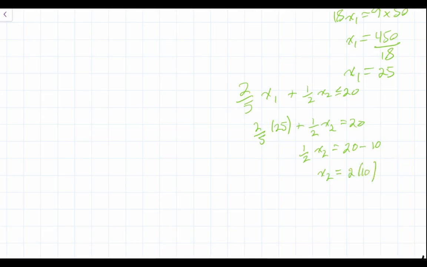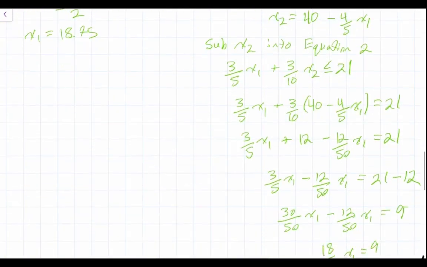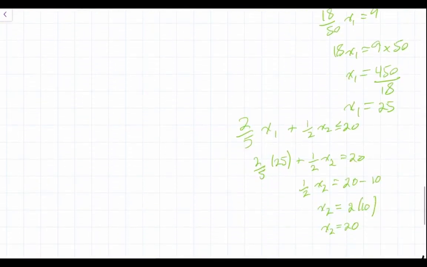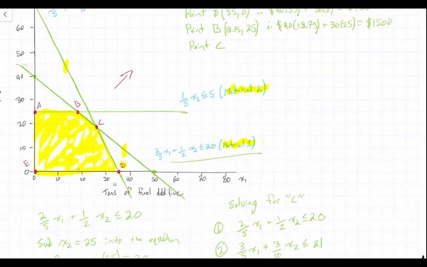So x2 is equal to 20. So now we have our x1 and x2 coordinates of point C. So we had x1 is equal to 25, x2 is equal to 20. So we had point C at 25 and 20.